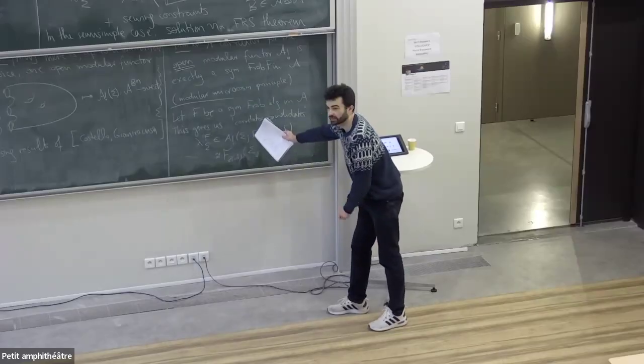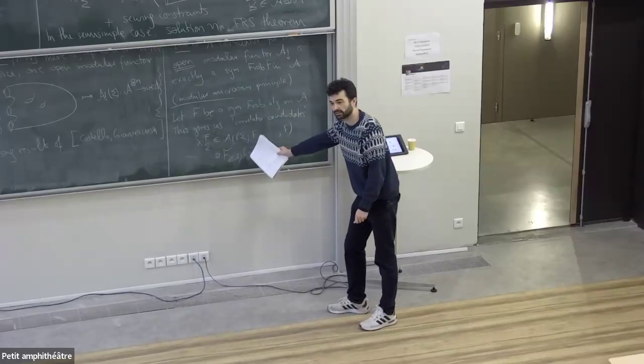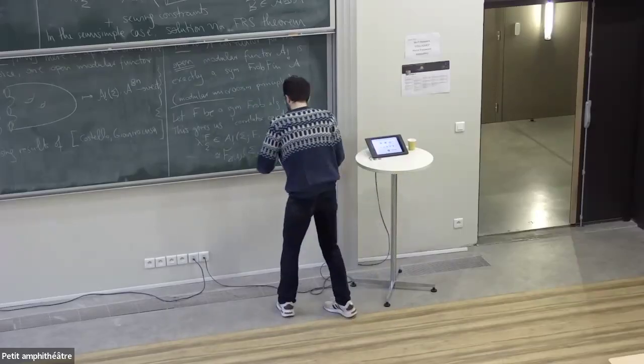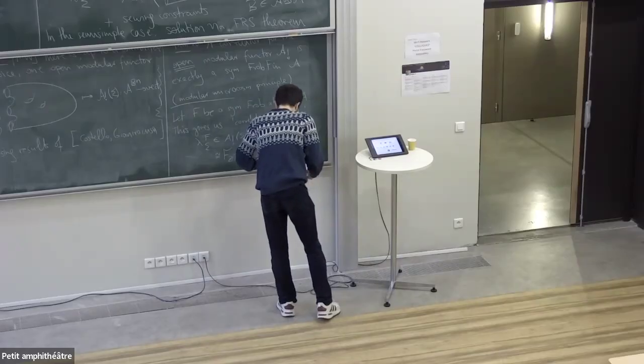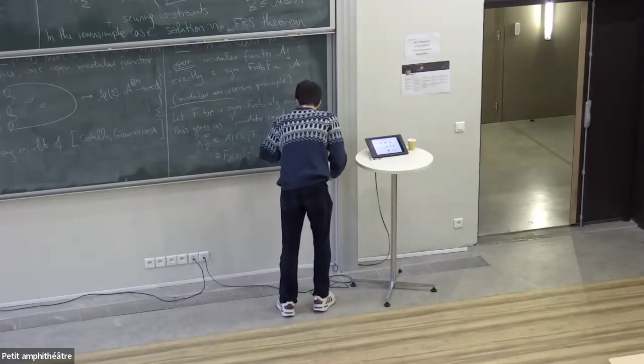But now I cannot put F here because F is in A and this has to be the Drinfeld center. So for this to make sense I need to put F into the Drinfeld center, and I do this by applying the left adjoint to the forgetful functor.